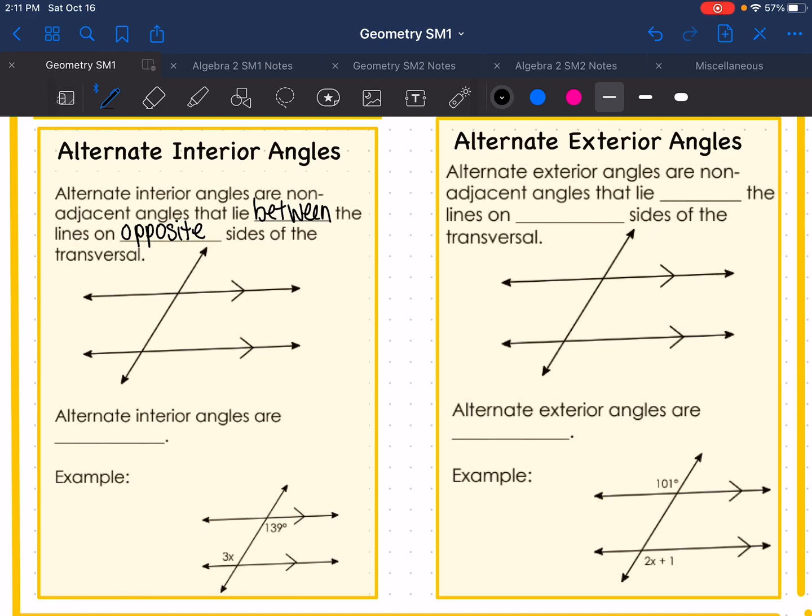So that interior means that we're just going to stay inside here. Remember, alternate means that I'm going to go from this point, I'm going to jump across, and I'm going to slide on down to the other line, because I always have to go from one parallel to the other, right? I have to have one angle here, one angle there.